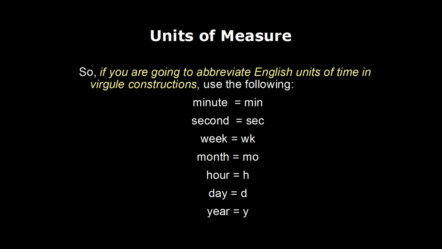Those are the abbreviations that you are going to use if all else is okay and you're allowed to in those special slash or virgule constructions. I know this is more information piling on and piling on, but it makes sense if you read over it and see, okay, I'm not generally supposed to abbreviate this stuff, but when I'm allowed to, these are the abbreviations that you're allowed to use for those English units of time that generally are not abbreviated.